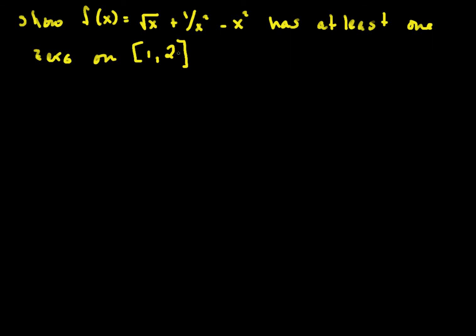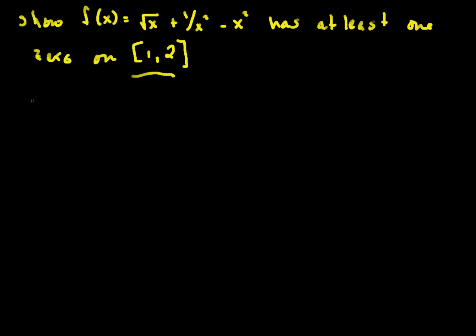So what does this say? Well, first off, is f continuous? Yeah, on this domain, the square root function is defined. On this domain, 1 over x squared is always defined, and then x squared is always defined. So this is a continuous function on this interval 1 to 2.